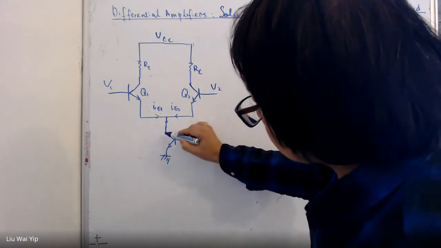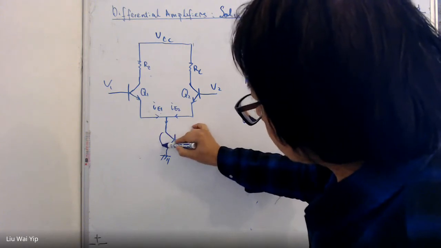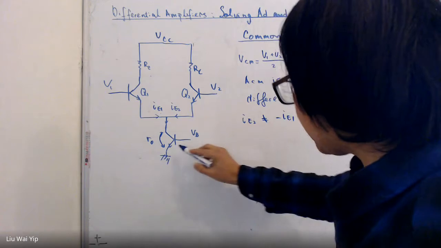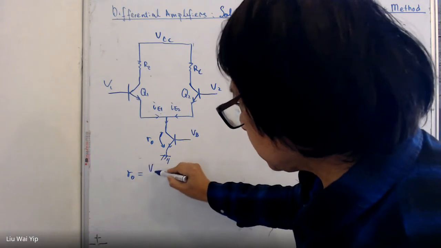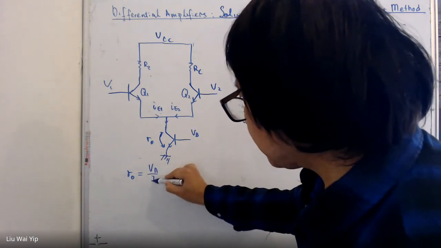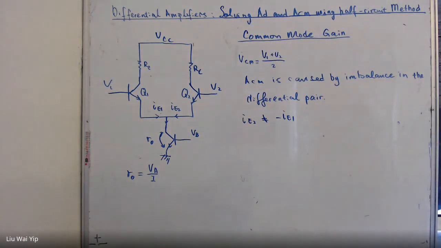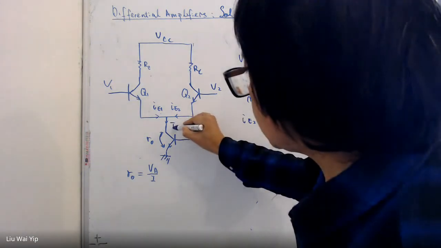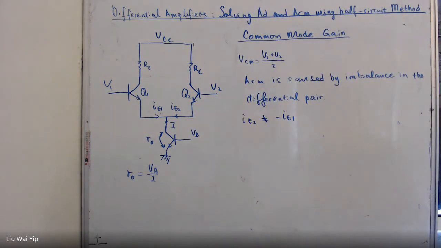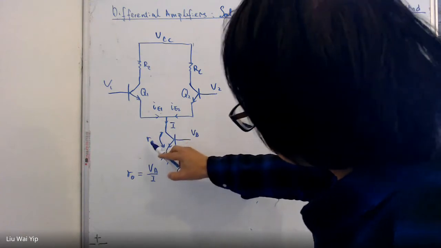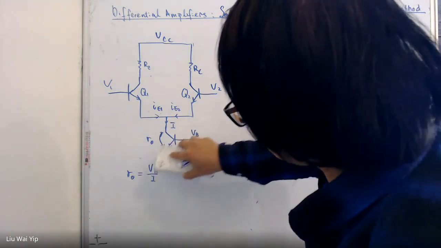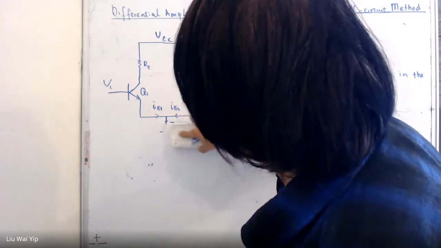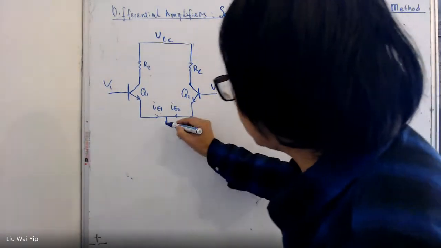This early effect has a resistance R0 here, and R0 is equal to VA divided by I. So in other words, you can assume the circuit is not ideal and we have a pathway going into the ground. We can assume we have this circuit.